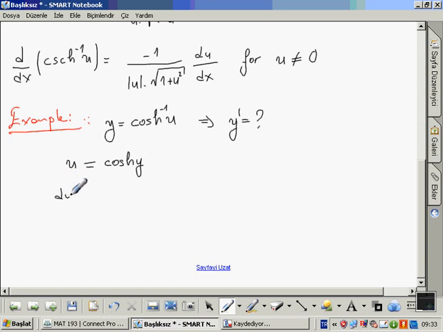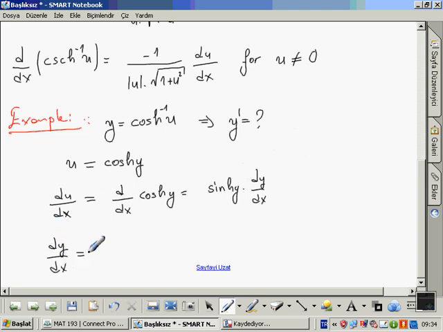After that, ∂u/∂x equals ∂/∂x of cosh y, which is equal to sinh y times ∂y/∂x, right?